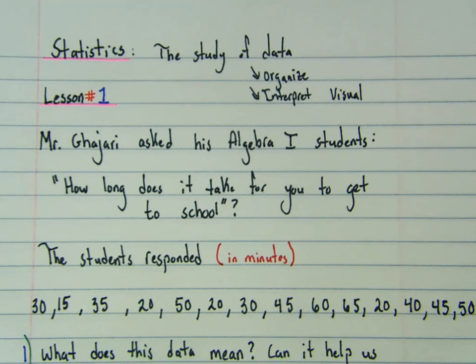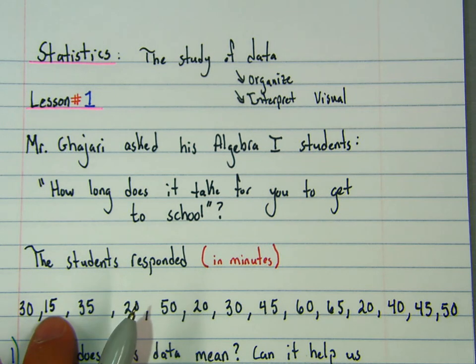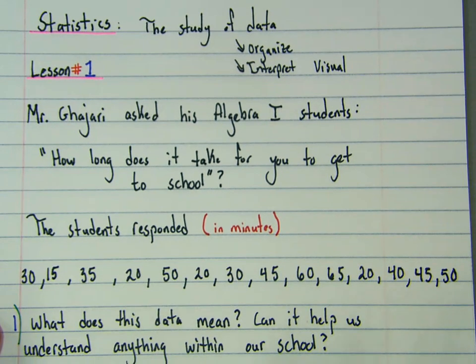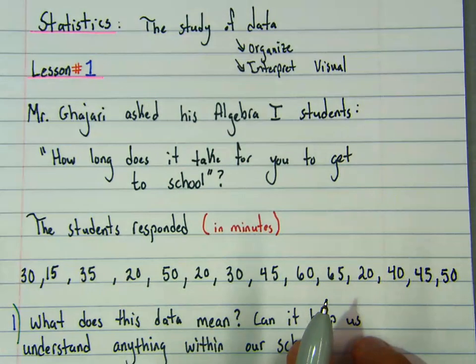They said, hey, mister, it takes me 30 minutes to get to school, 15 minutes, 35 minutes, and so on. So then the question I ask is, what does this data mean? Can it help us understand anything within our school or within our Algebra 1 students? So before anything, what I'd like you to do is pause the video and have this in your notes. This will be the intro to the lesson.